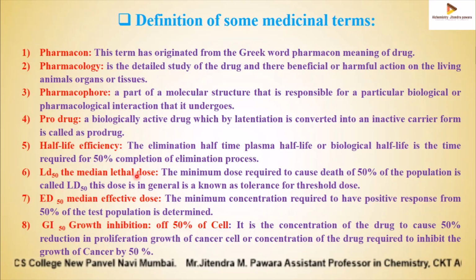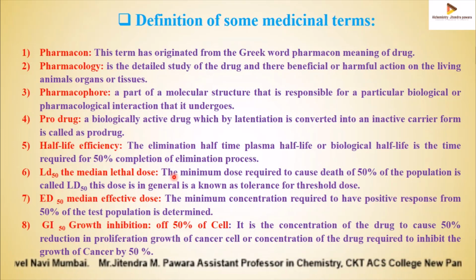Then LD50, the median lethal dose. What is median lethal dose? This dose, expressed in mg per kg, would be expected to kill one half of the test population of some species and strain of bacteria or animal.